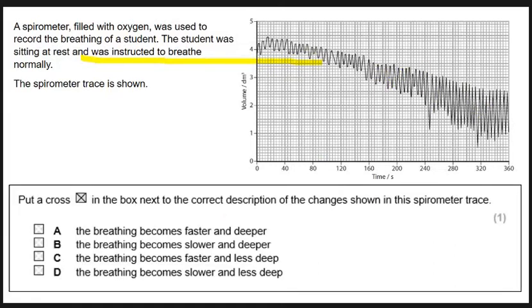Place a cross in the box next to a correct description of changes shown in the spirometer trace. What is the spirometer trace showing you? The lines are getting bigger, so that means they're breathing deeper, and they're getting closer together. They're quite spread out there, and as you go on, they get closer and closer together. So that means you're breathing faster and you're breathing deeper. So the breathing becomes faster and deeper. That's the answer to that one, A.